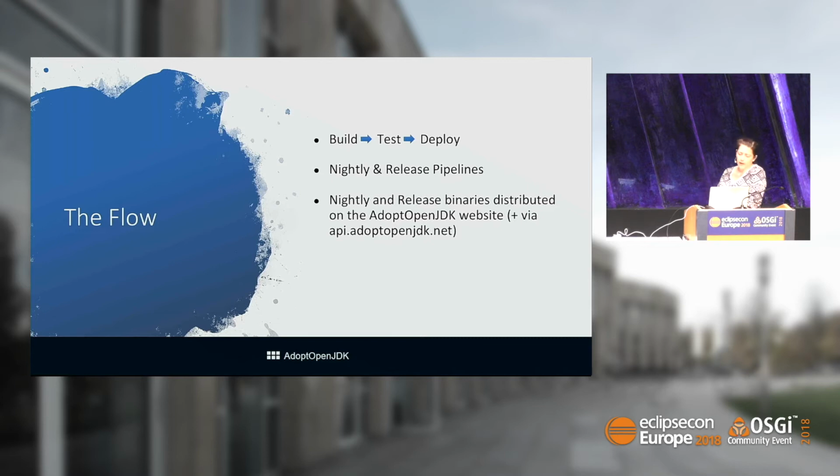For the nightly and release binaries, if they build and if they pass the tests at a level that we're happy with, they are published to the website and also available through the API, which is a really nice API for downloading. We also publish Docker images to Docker Hub.